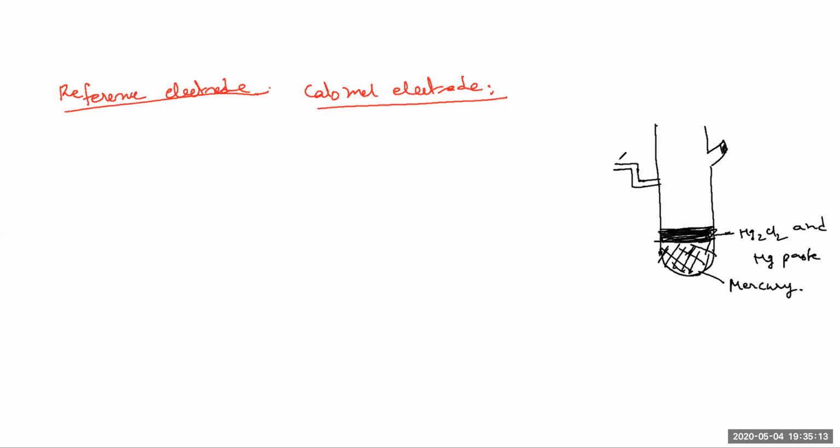It is linked with the salt bridge. This is one convenient option to link the salt bridge.